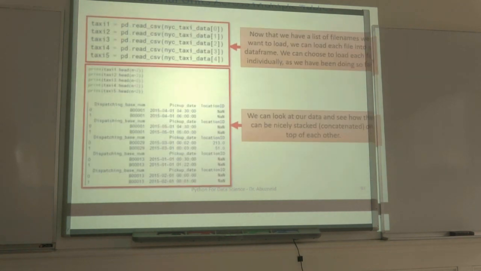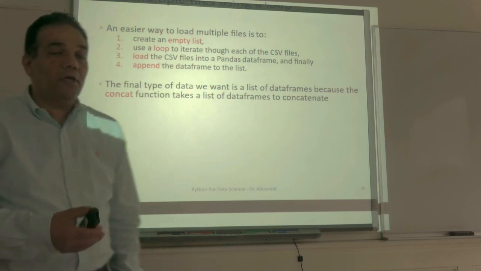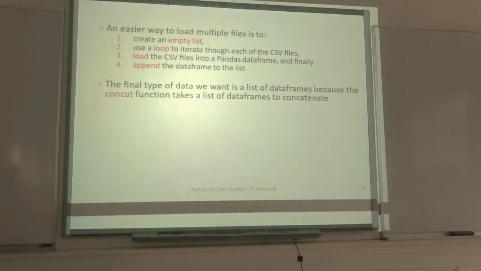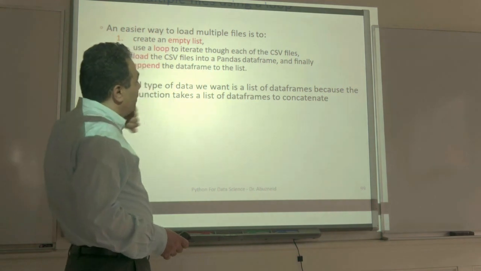The rest in here, you could take a look at. I'll leave it for you to take. It's very simple. The other thing is loading multiple files using loops. Usually in your work, if you need to load and merge multiple files, it would be very hard to do it manually, so you could have a loop for it. You create an empty list and use a loop to iterate through the CSV files.